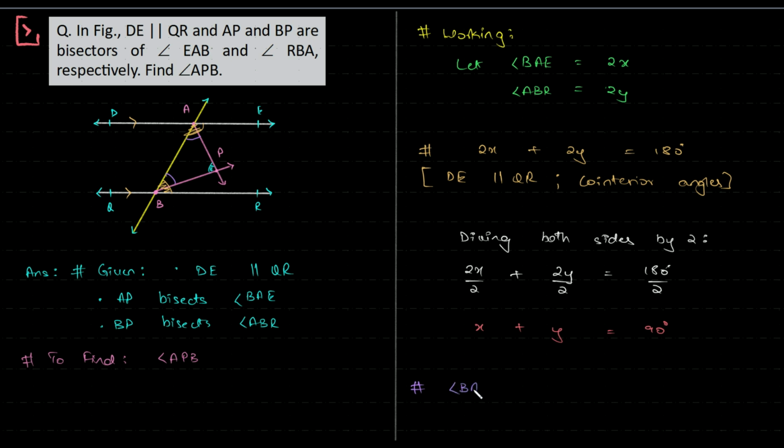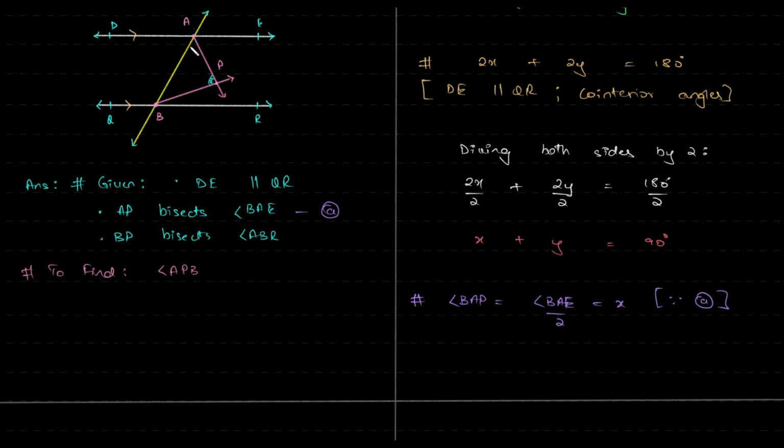Angle BAP is equal to angle BAE by 2. Please check that out. BAP is this and BAE is this. So they are equal to x, the reason being statement A. That's our statement A. On to the next one. So this is x and this obviously is y.